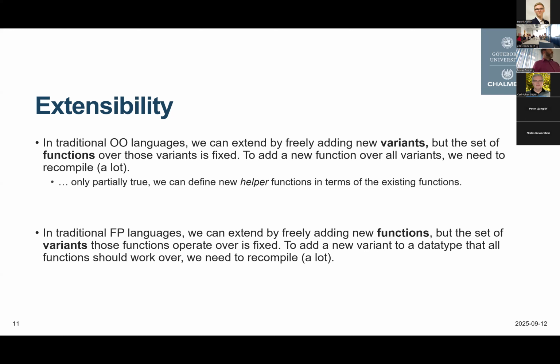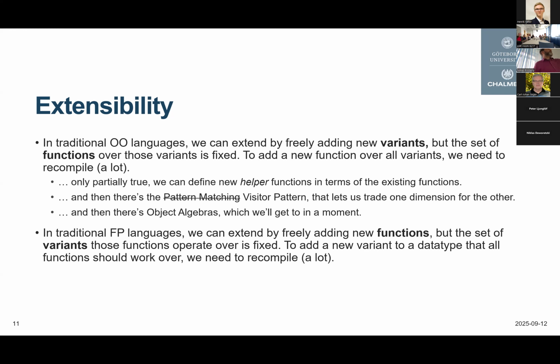This is actually the visitor pattern, and this is something that I'll show in a second, right? I will forever bemoan the fact that people within the communities don't talk to each other, and that the visitor pattern is called the visitor pattern and not the pattern matching pattern, because that's exactly what it is. It's a way to implement pattern matching in an object-oriented language. Why is it called visitor pattern?